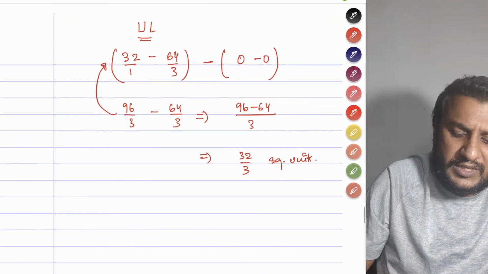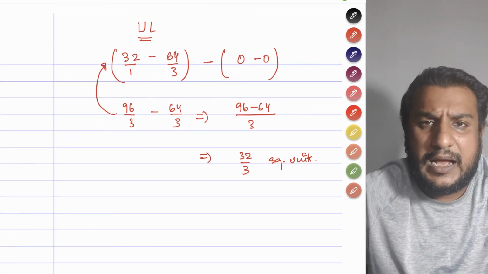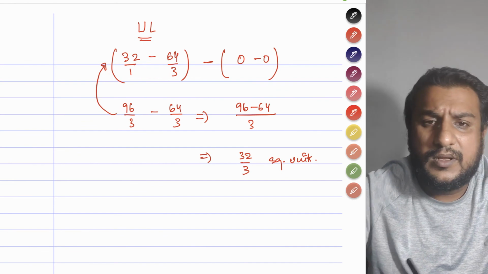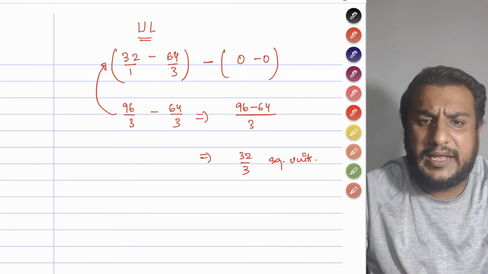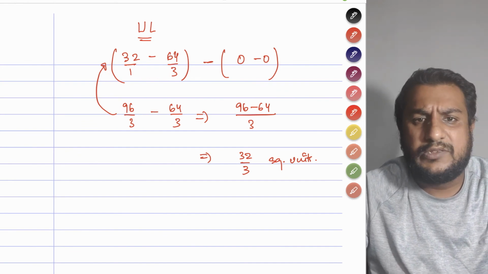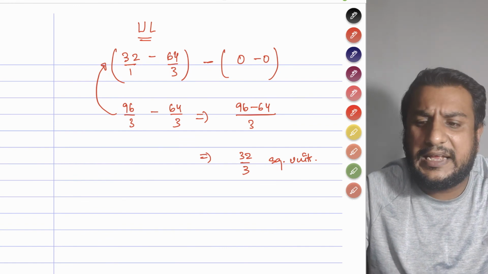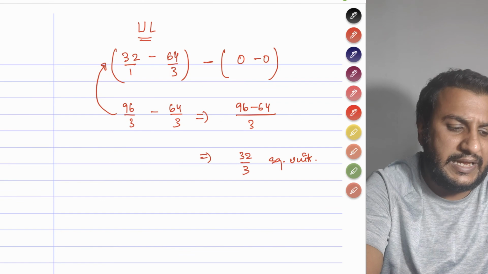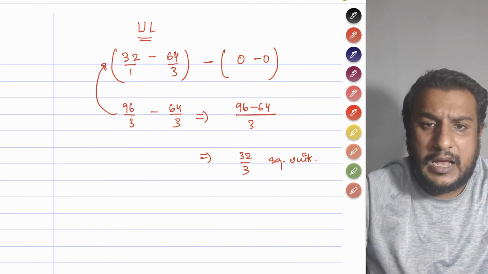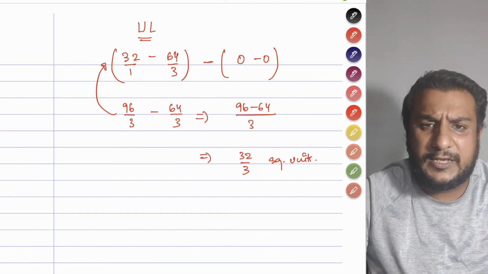Okay, I hope the idea is clear now. How do we calculate area under the curve? In the next video we will discuss how to calculate area between two curves, meaning the area bounded between two curves. So I think this part is clear.